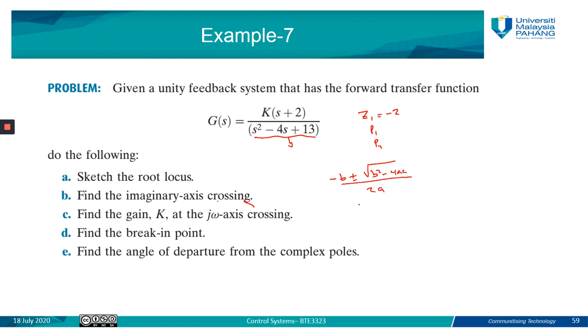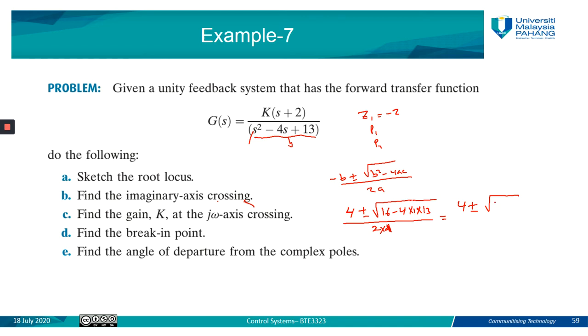By applying this, we have negative b, which is -4, so it becomes +4, plus minus the square root of b squared, which is 16, minus 4 times a, which is 1, times 13, over 2a. So 2a will be 2 times 1, because a here equals 1. Then this will be 4 plus minus the square root of 16 minus 4 times 13, which is 52.